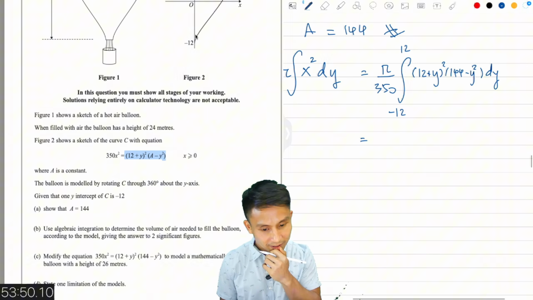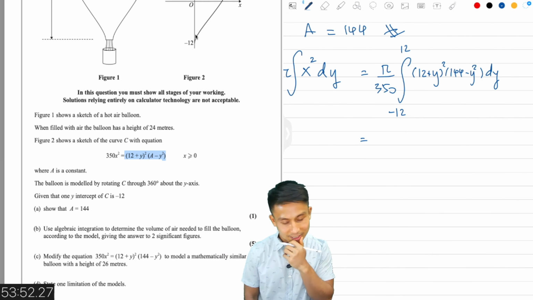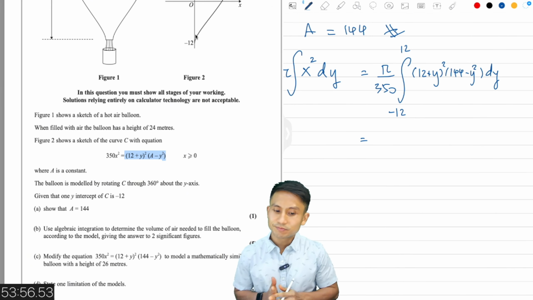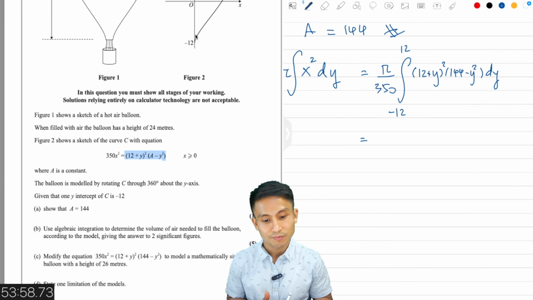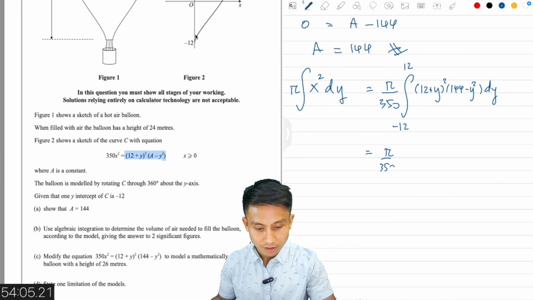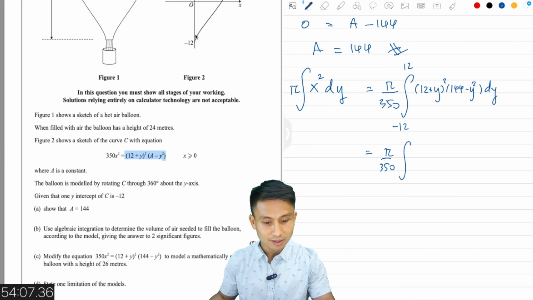Okay, just some work. Now, how do we do this? It feels like I can simplify this a little more. I'm not going to write the bounds yet.